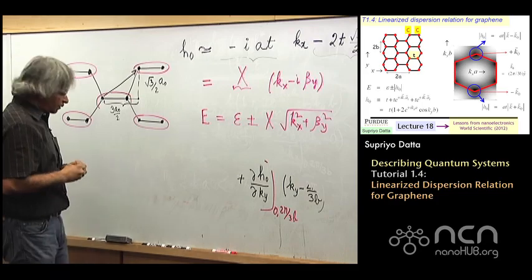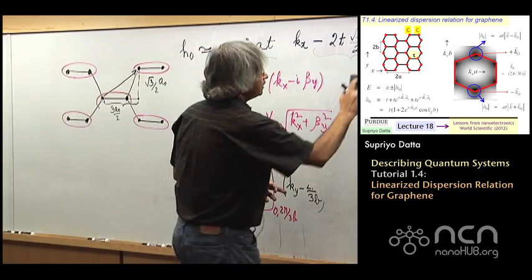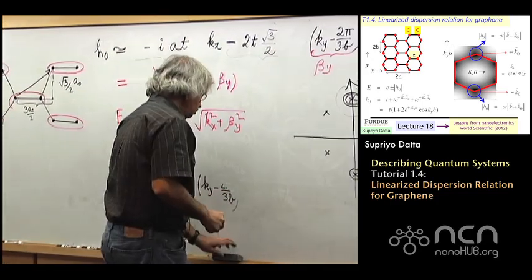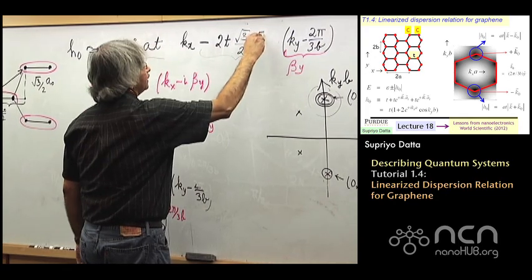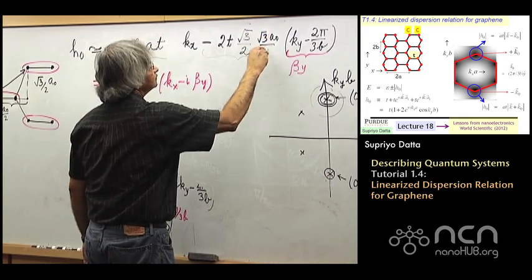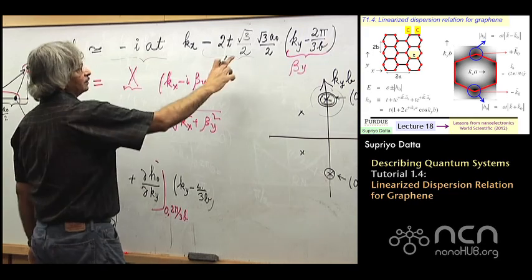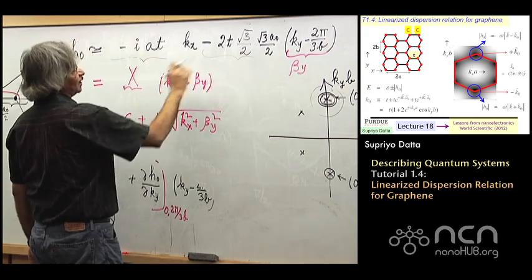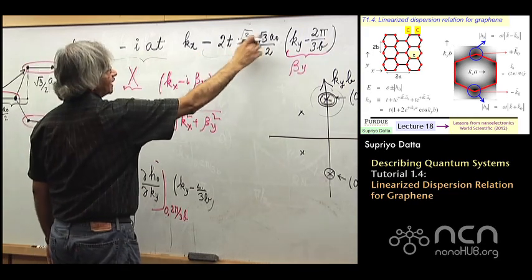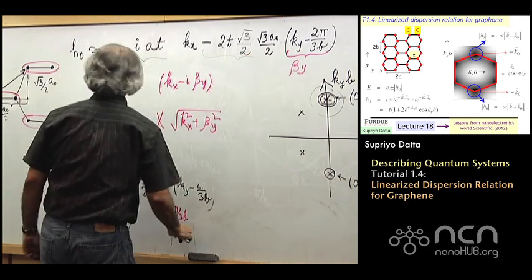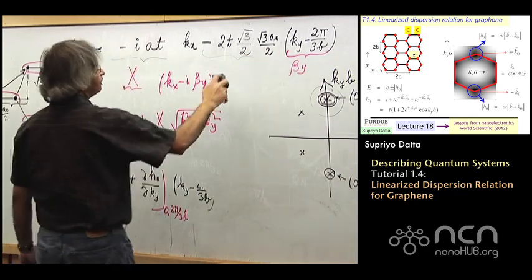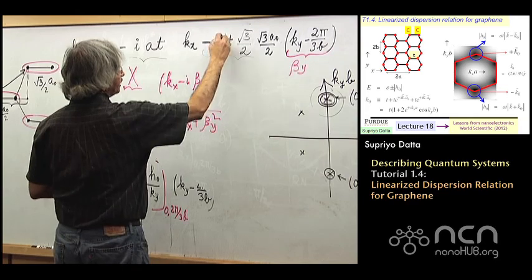So now if instead of B, I put in square root of 3 A0 over 2, then I think you see why this and this become equal, because this is 3/2 A0 squared because of the square root of 3 that we have, and the 2 of course cancels this one.